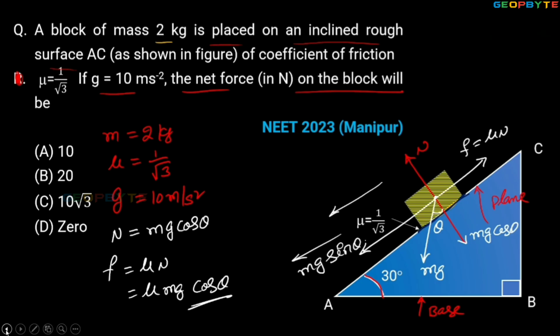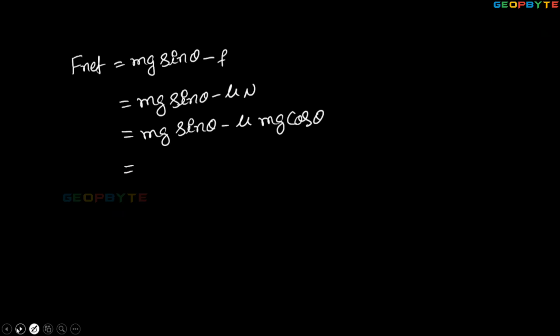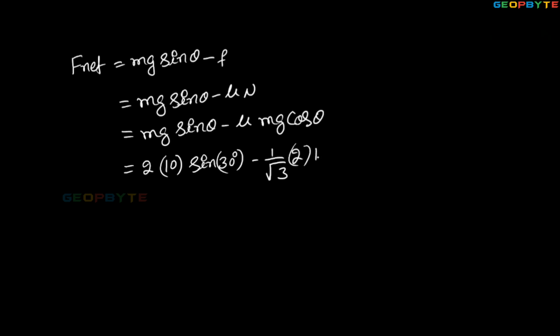For the values: m is 2 kg, mu is 1 by root 3. Here 2 kg, g value 10, sin 30 since theta is given as 30 degrees, minus mu 1 by root 3 into mg, m is 2 kg, g 10, cos 30 degrees. Simplify it.